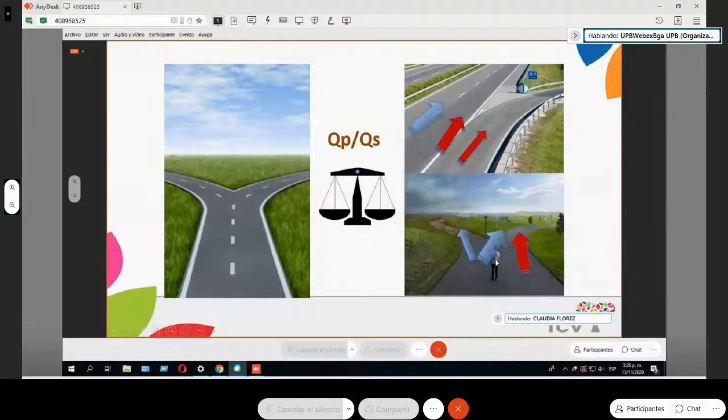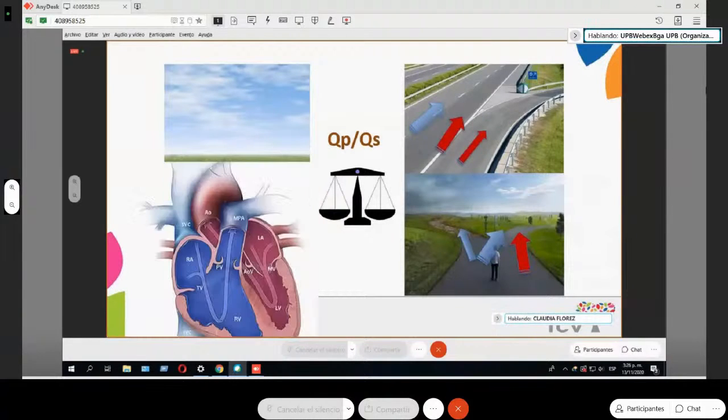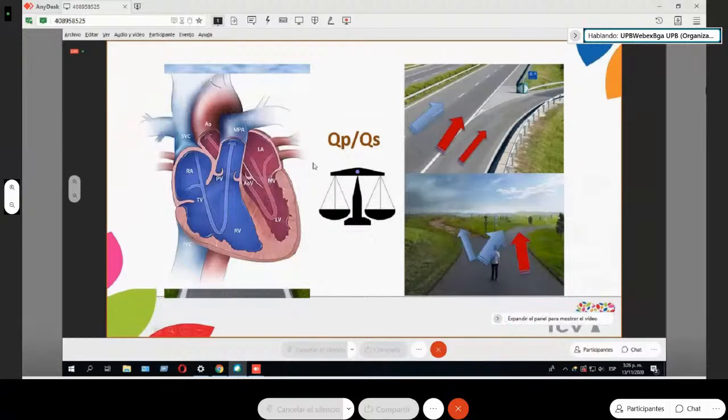That makes the patient cyanotic with a decreased flow to the lung. The idea for us is to balance the QP/QS, the amount of blood that goes to the body with the amount of blood that goes to the lung.